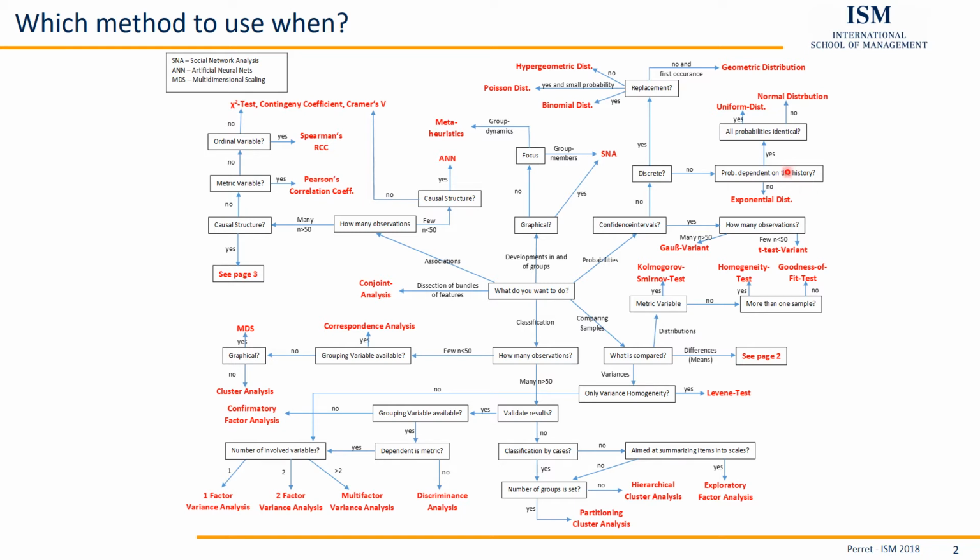So if this is not dependent on this, it's not exponentially increasing or decreasing, then the question would be, are all probabilities identical? If yes, then well, we are back to the uniform distribution.